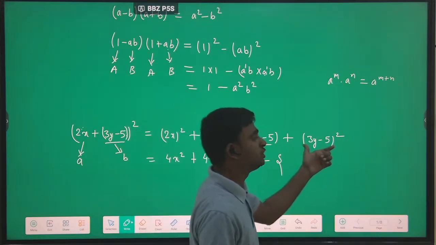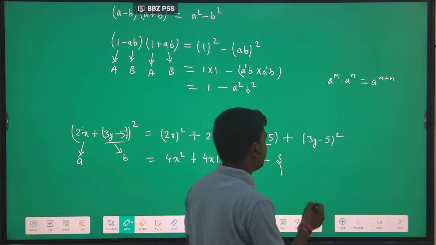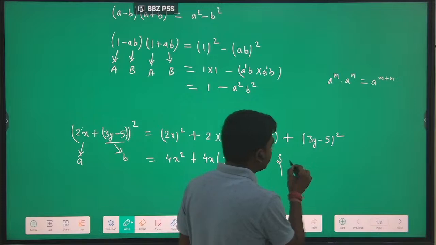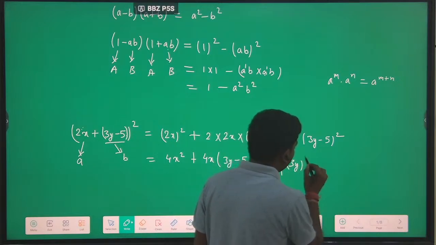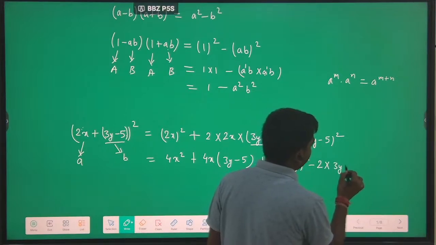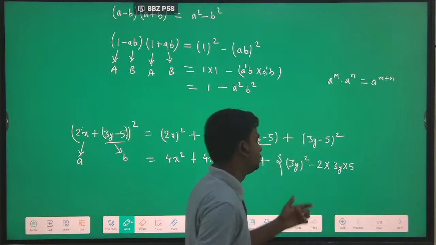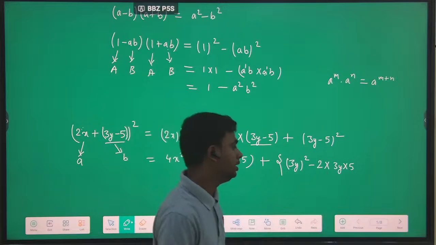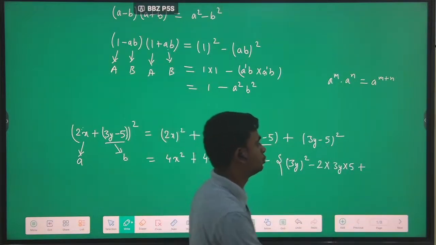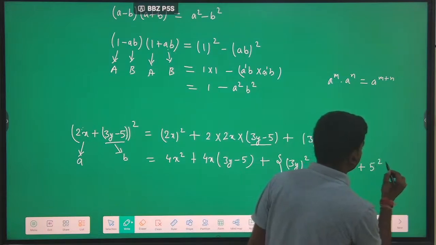So we will use this formula here. So what will be the value of 3y minus 5 to the power 2? It will be 3y to the power 2 minus 2 into a, which is 3y, and b is our 5, so a square minus 2ab plus b square. What is our b? B is our 5. So here we will write 5 square.